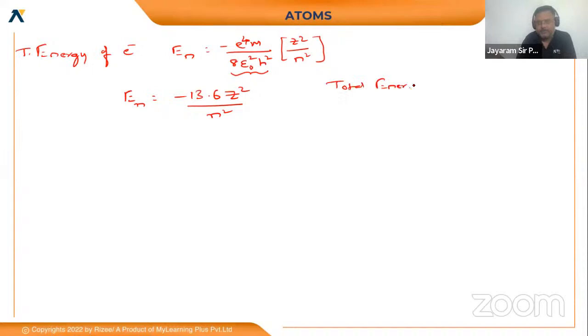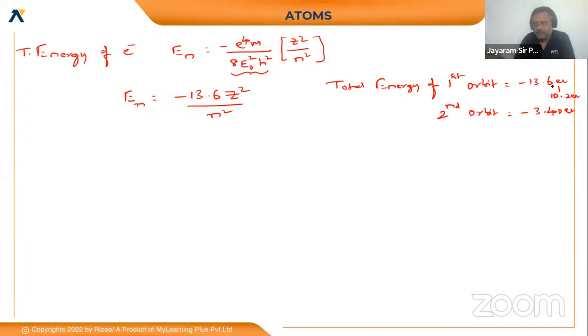So from that aspect, total energy of first orbit, these values should be remembered now. Of first orbit is equal to minus 13.6 electron volts. Second orbit is minus 3.40 electron volts, and the difference is 10.2 electron volts.